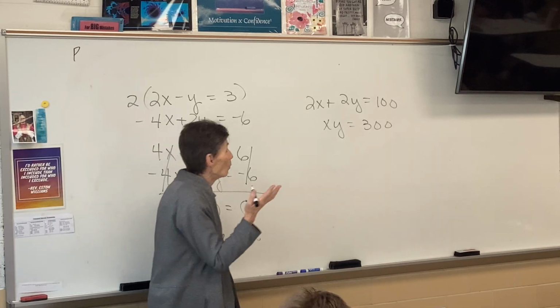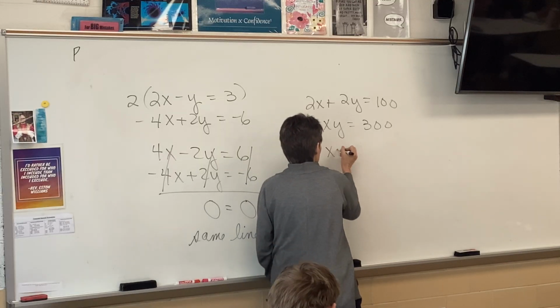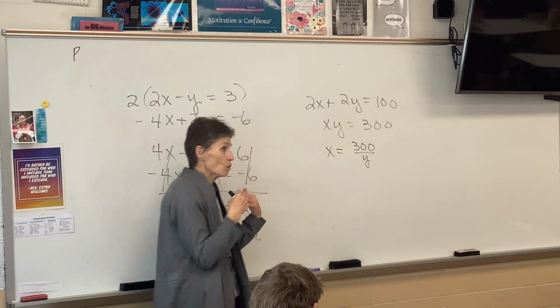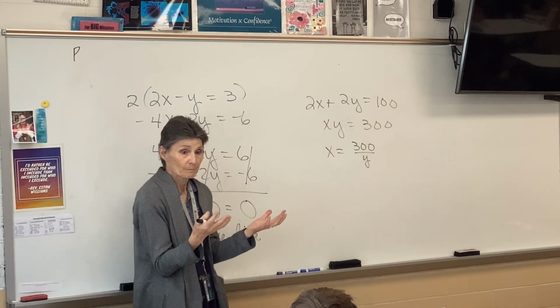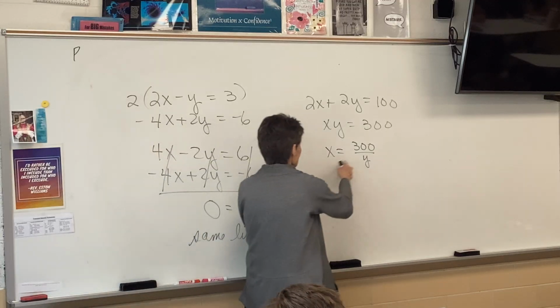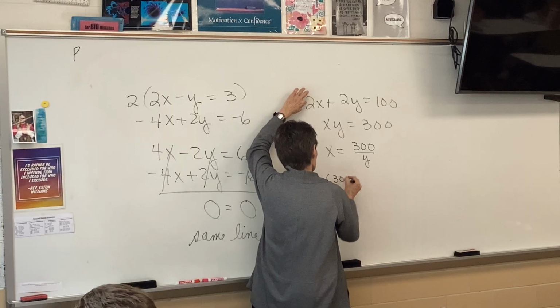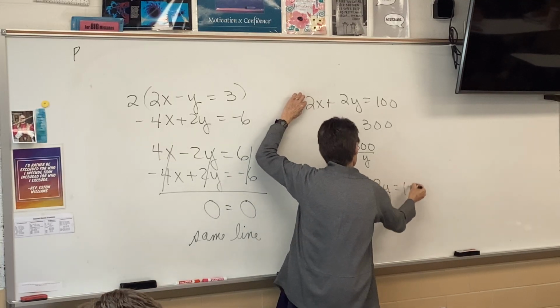And one thing I could do is say x equals 300 over y. Now, I'm not saying that's the only thing, but is that something I could do? Yeah. So if x equals 300 over y, then 2 times 300 over y plus 2y equals 100.